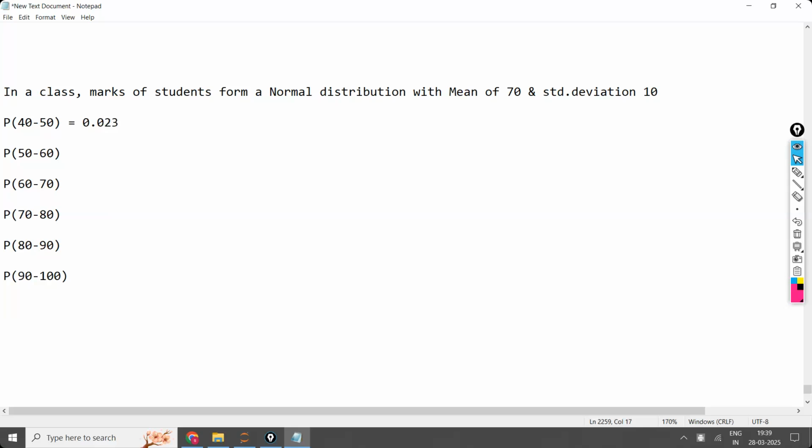0.0231. Okay, 0.02 only, right? Up to 3 decimals is more than enough. Next, 50 to 60: 0.1359. Okay, 3 decimals. Next, this one.